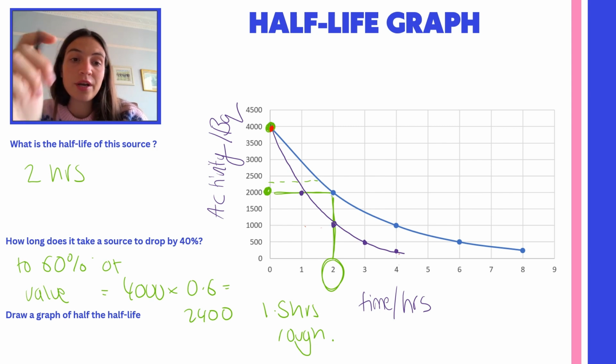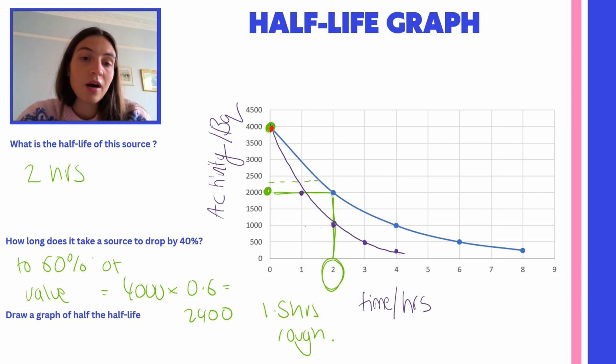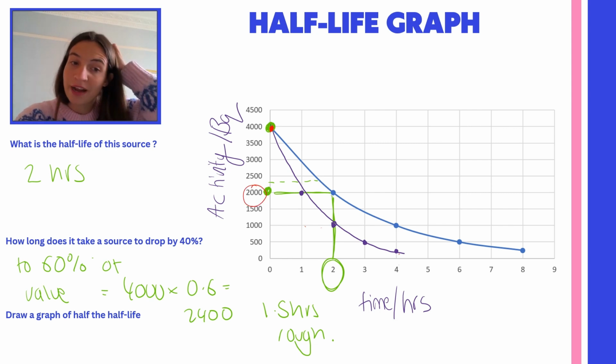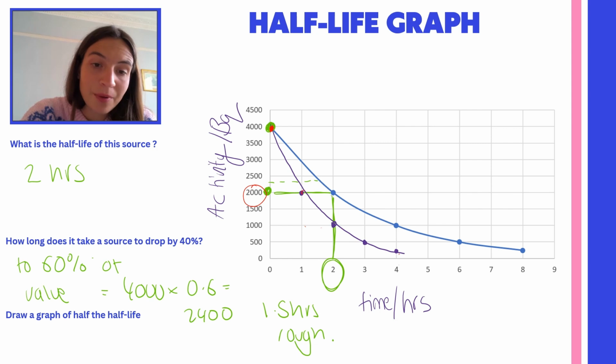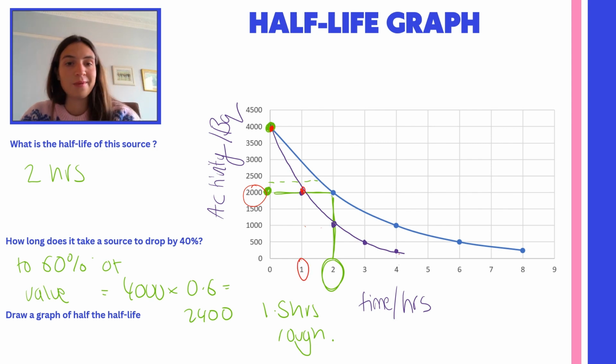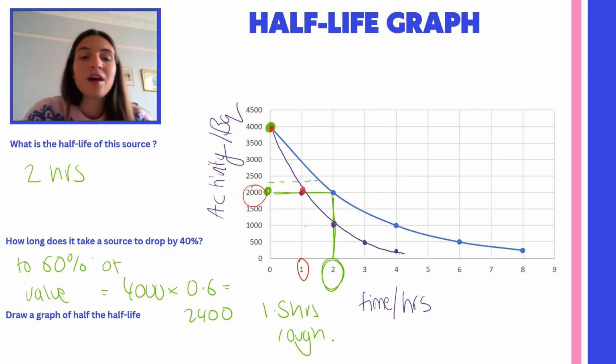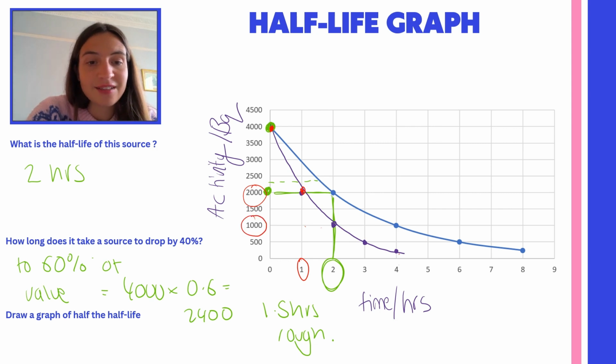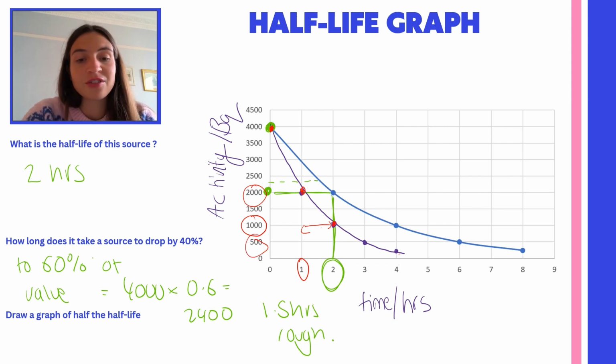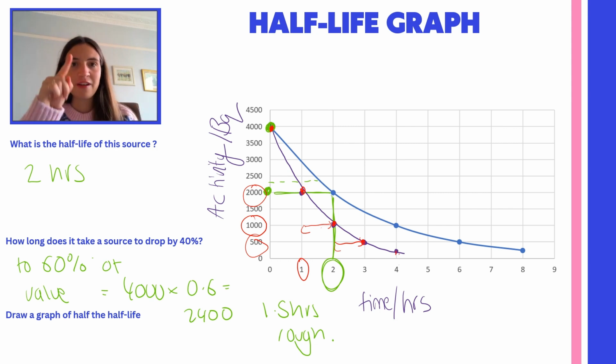And then the next point along, well, I need to halve my activity, so that gets me to 2,000 becquerels, and that needed to happen in 1 hour. So that's why that point's there. When that activity halves again to 1,000 becquerels, that takes another hour, and then half again to 500, that takes another hour, and so on and so forth. So you can sketch this graph for a substance with a half-life of 1 hour.